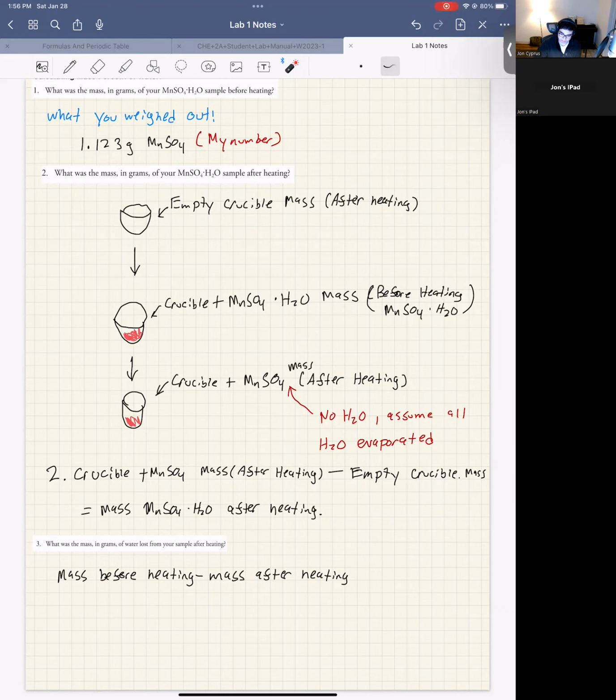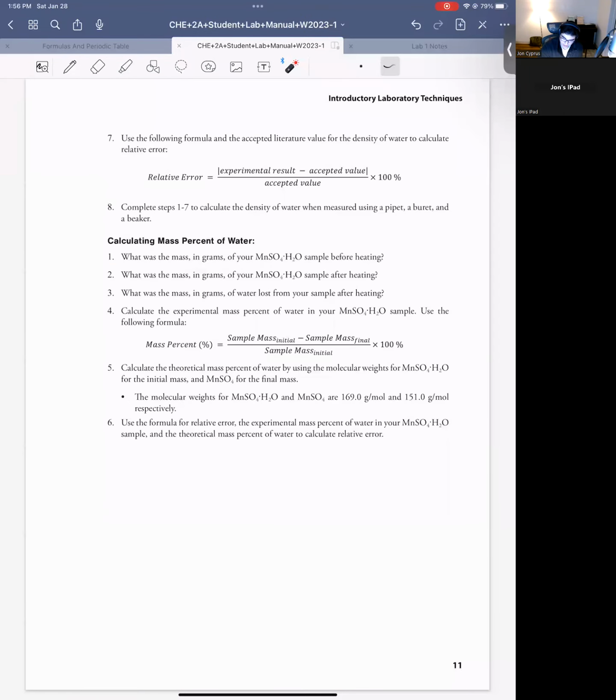All right, number 4 says calculate the experimental mass percent of water in your sample. Use the formula, right? So you're just plugging that in. It is quite literally just plug and chug. Your initial minus your final, so that is from step 3, divided by the initial times 100.